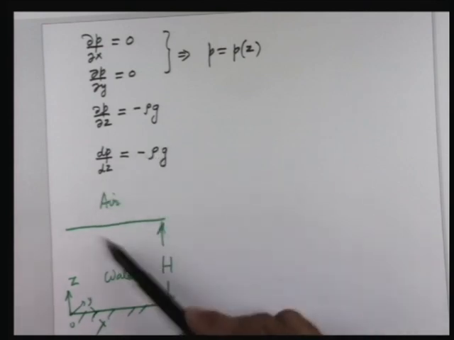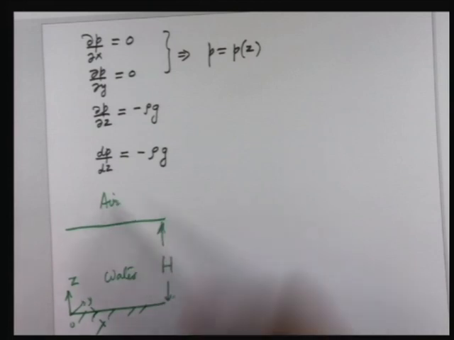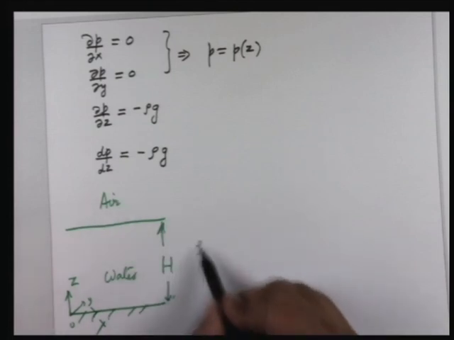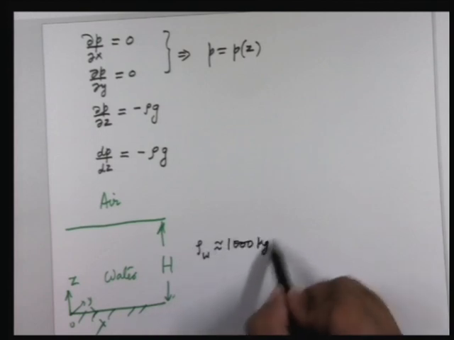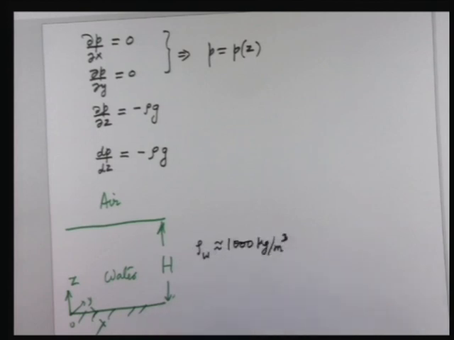Here are two fluids, water and air, and you know that rho of water will be about order of 1000 kg per meter cube. Okay, maybe 990 or whatever it is. If you have some salt dissolved, it will be different. But order is 1000 in SI units.